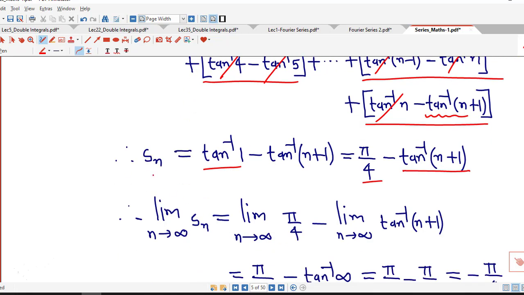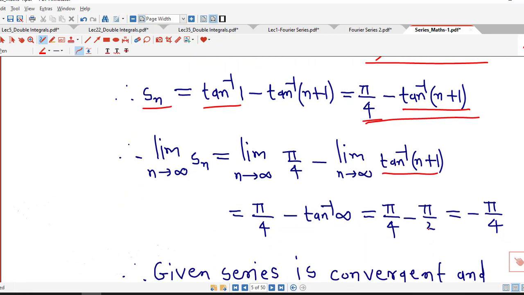So now we take limit on both sides. Limit of Sn equal to limit of this, which is equal to limit of pi by 4 minus limit of tan inverse of n plus 1.